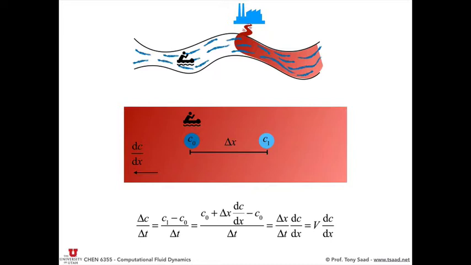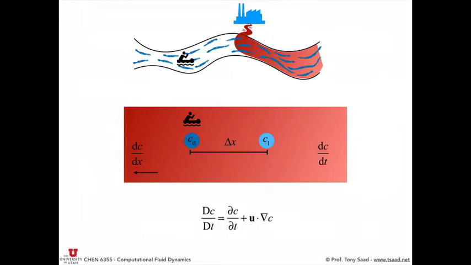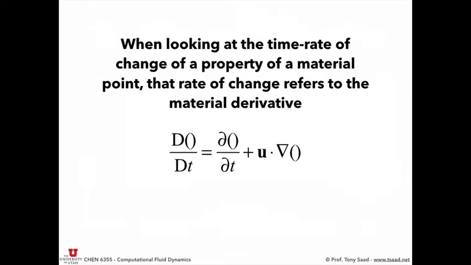Okay? We're going to call this the material derivative. Okay. Now, why do we have only a time rate of change for a material point? Why don't we have a spatial rate of change for a material point?